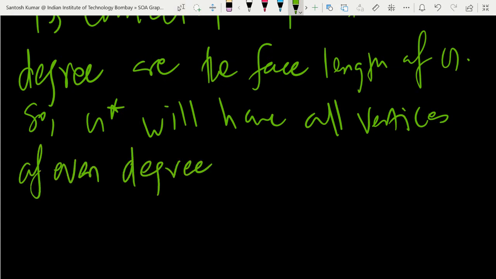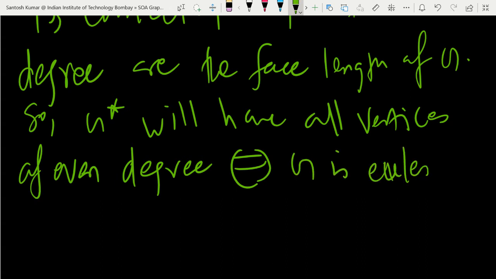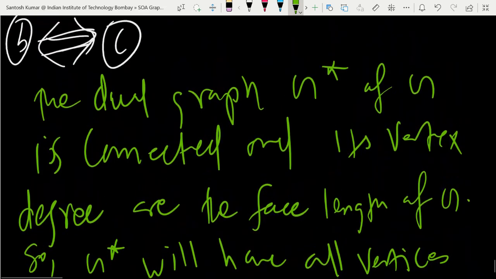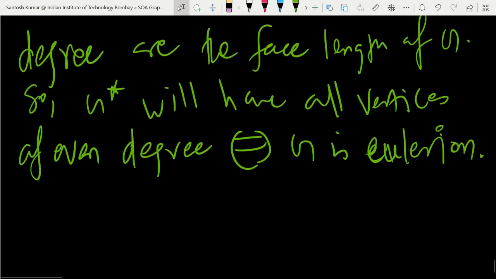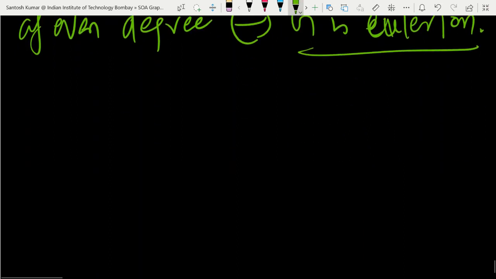And if a graph has all vertices of even degree, it is Eulerian. Okay, that is the proof. So the face length in G is equivalent to vertex degree. So that means it is Eulerian. So that is the proof.